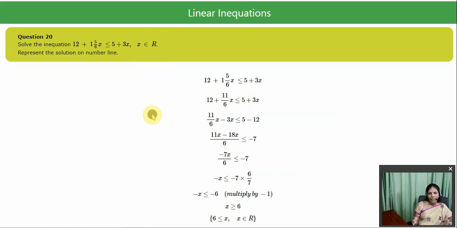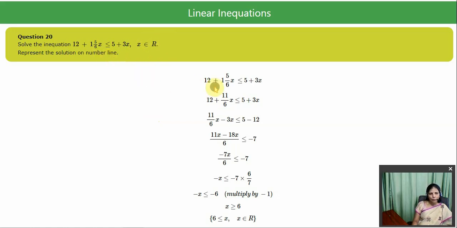Integers, and next bigger than integers is rational numbers, which is denoted by letter Q, and then the other part is irrational numbers, and all this together we say as real numbers. So here they gave x belongs to R. R is nothing but the real numbers. So we need to represent the solution on the number line.